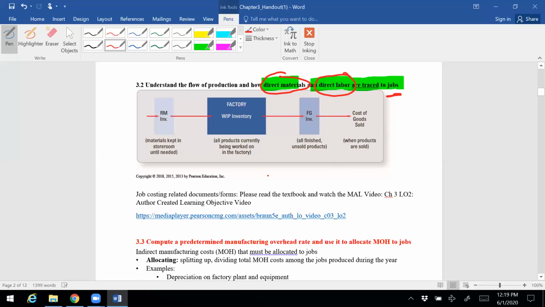Okay, so your learning objective 2 is basically talking about all the documents and forms. I'm not going to talk about this in detail here because I would say it's not the main task for your exam, but make sure you read your textbook and watch the videos. As I say, I'm not going to test you on the detail, but I really want you to know the general idea.